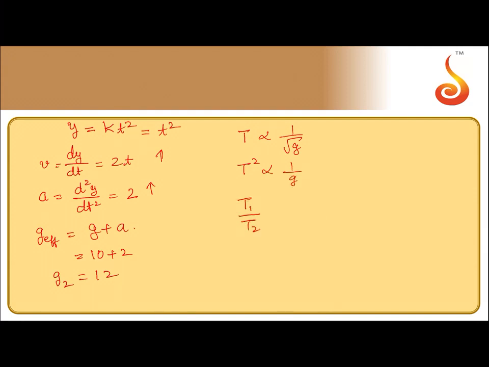So t1 square by t2 square should be equal to g2 divided by g1. So originally it was 10, now it is 12. So it will give you 6 by 5. So that is option B.